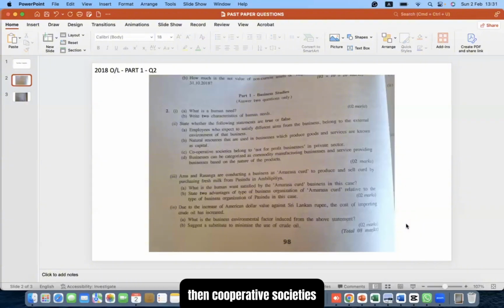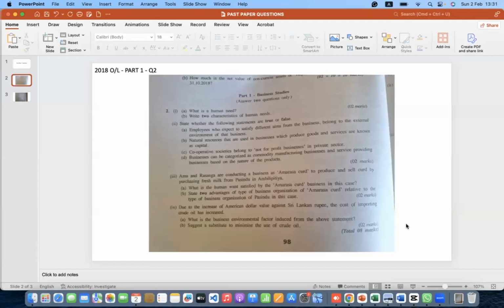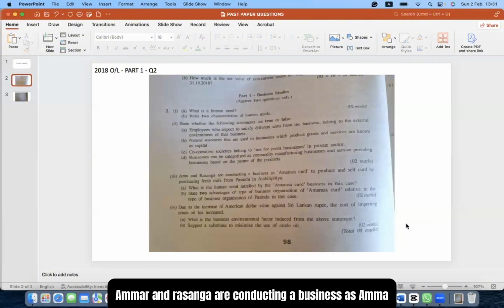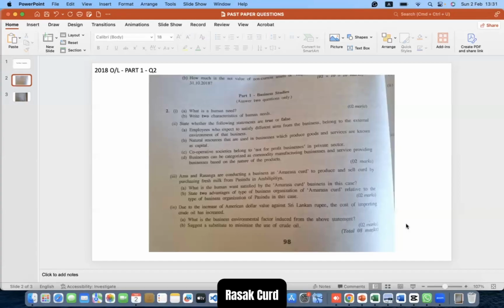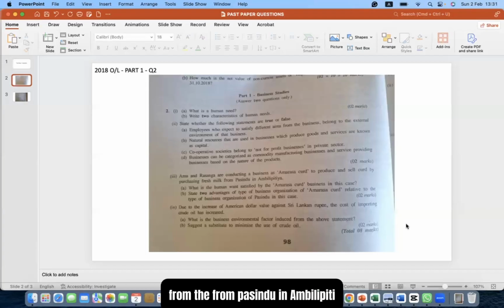Then, cooperative societies belong to not-for-profit businesses in the private sector. Businesses can be categorized as commodity manufacturing businesses and service providing businesses based on the nature of the products. Then the third question: Ama and Rasanga are conducting a business as Amarasa Curd to produce and sell curd by purchasing fresh milk from Pasindu in Ambilipitiya.